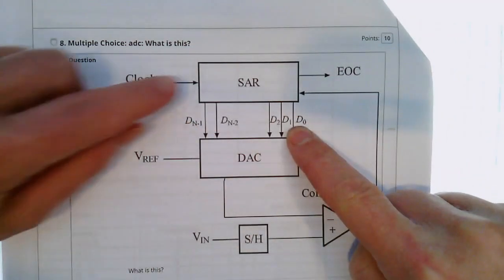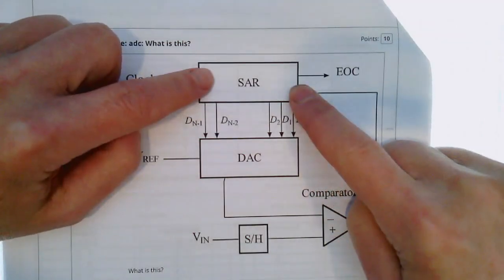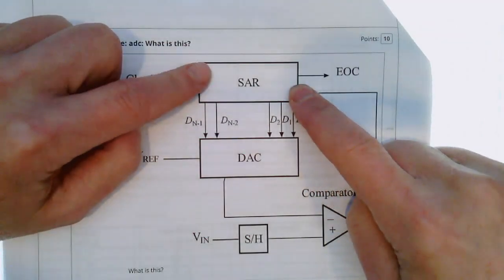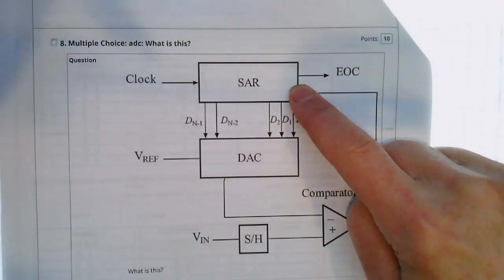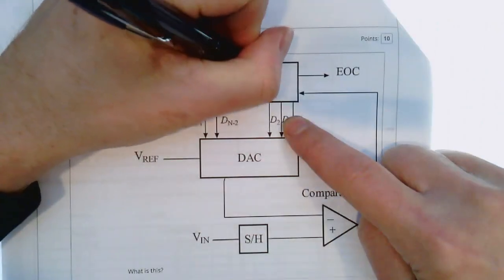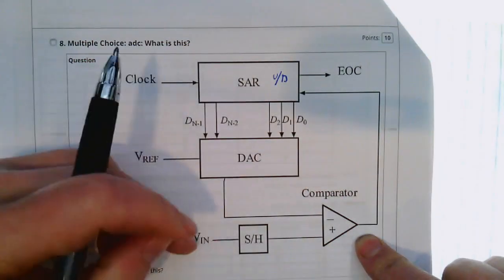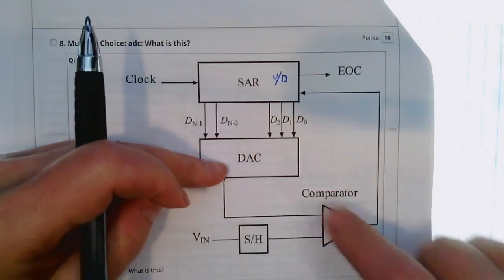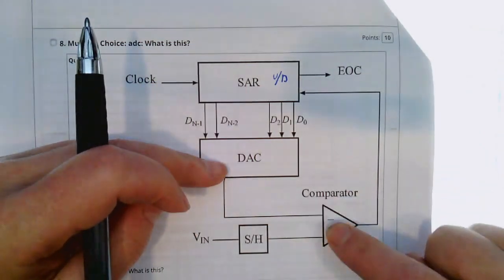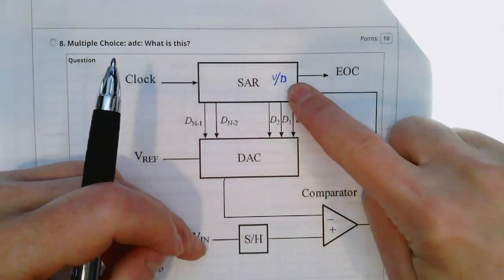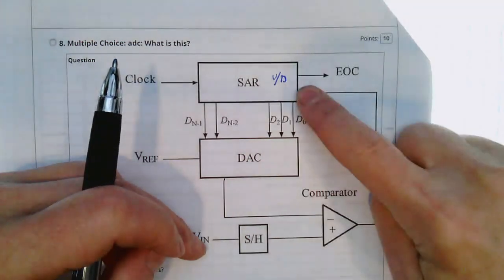So what you have here is a successive approximation analog to digital converter. That's an up-down counter right there. This counts up or down. And this is a comparator, and what it does is it says if the output from the digital analog converter is too low, then count up. If it's too high, then count down.